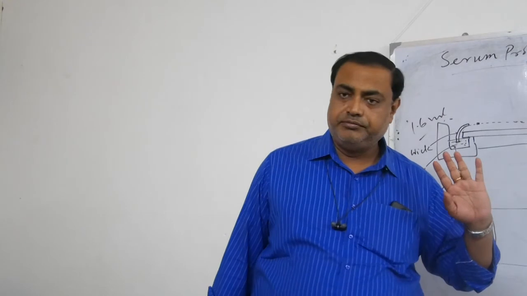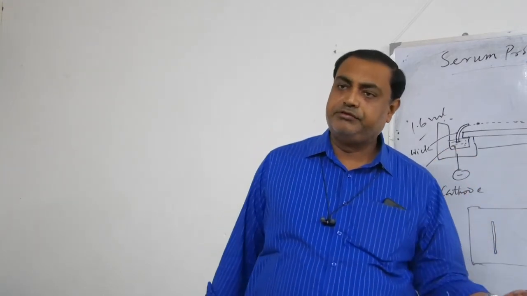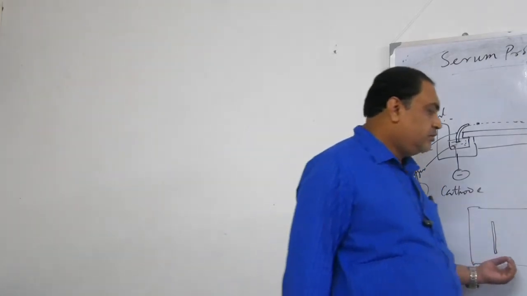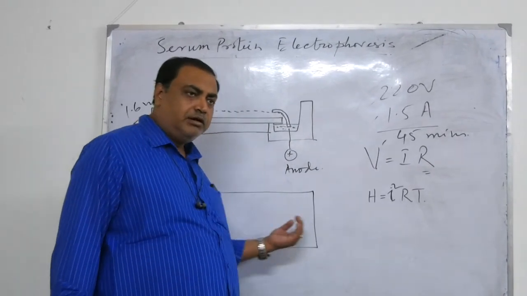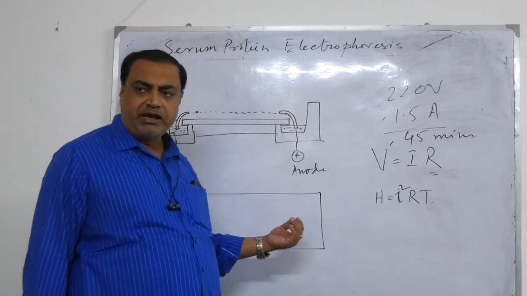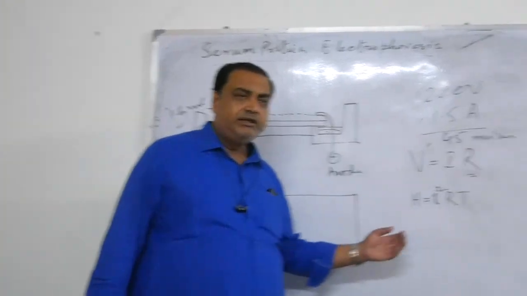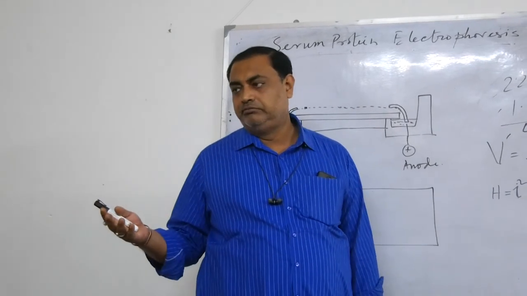Then accordingly we can set the time for protein electrophoresis, so that proteins do not go outside this line or migrate very little. If they migrate very little, there will be no separation. If they migrate very far, they will go out of this line, and then we will report there is no protein in the serum.